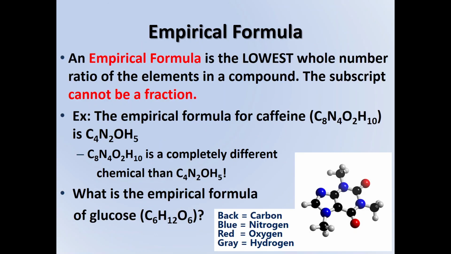So what is an empirical formula? An empirical formula is the lowest whole number ratio of the elements in a compound. The subscript cannot be a fraction. So for ionic formulas, the empirical formula and the ionic formula are the same thing, at least for the ones that don't have polyatomic ions.